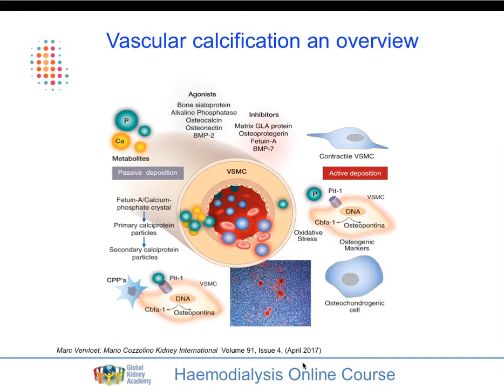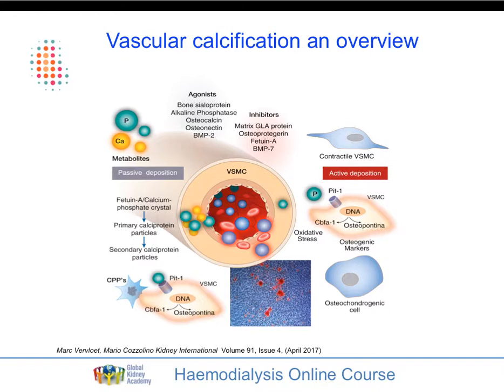So if you just talk about that in a bit more detail, you've got a vascular smooth muscle cell here, you've got blood going through the middle, you've got your red blood cells there and your white blood cells in blue. If we look on the left-hand side, you can have passive deposition of calcification. That's thought to be relatively rare, or not the primary driver of calcification, where you get the formation of a particle known as calciprotein, which is a mixture of calcium and phosphate.